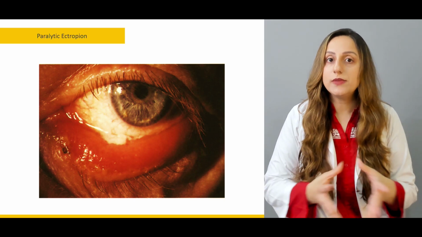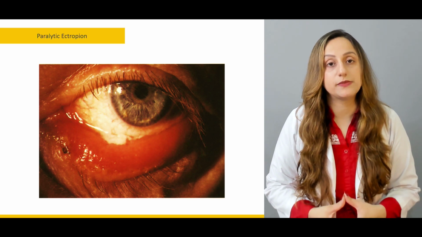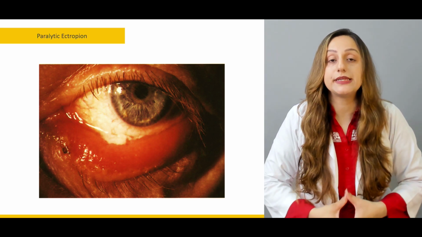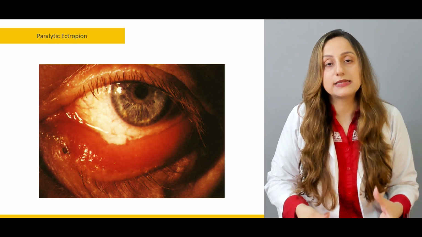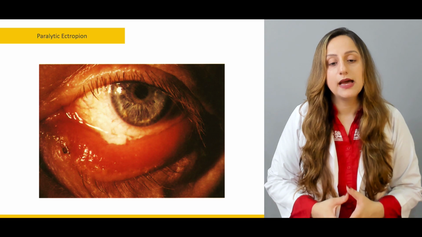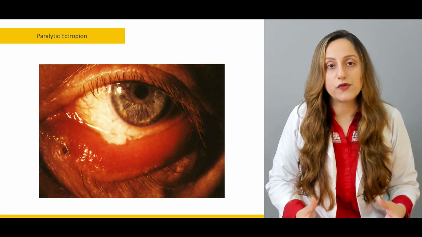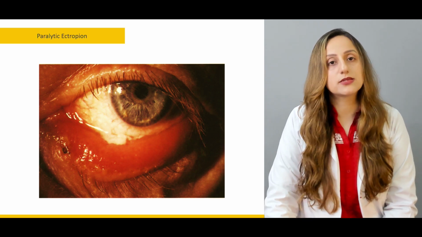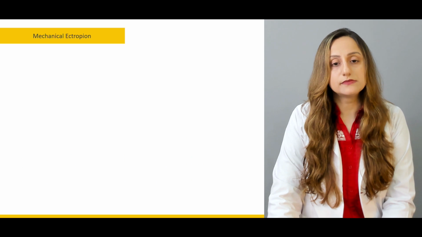And so for the normal functionality of the muscle, it's very important that the nerve supply to the muscle is not hindered. So if there is any paralysis towards the lower eyelid or the upper eyelid muscle, that is again going to result in this ectropion condition or the retraction of the lower eyelid, depending upon the cause in this particular case.